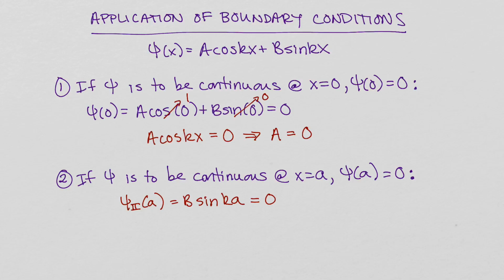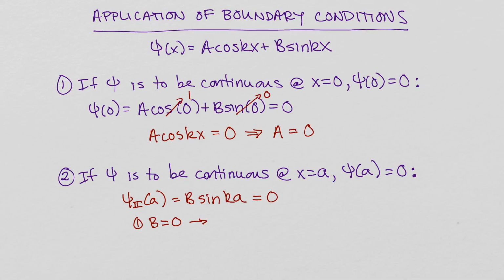All right, so we have a couple of options for how b sine ka can equal 0. The first is if b is equal to 0, nice and easy, right? But that is not super interesting to us, because then that leaves us with a equals 0 and b equals 0, which means we have no wave function, and we've already said that no wave function means that we don't have a particle, which is not a very interesting problem for us to look at.